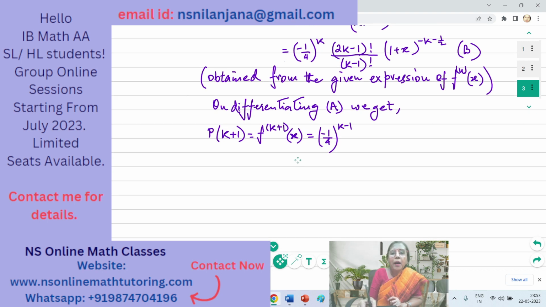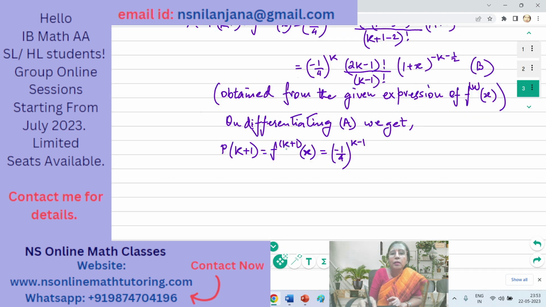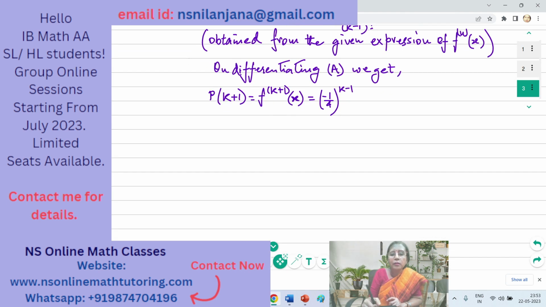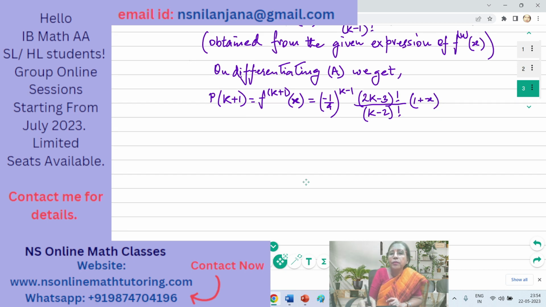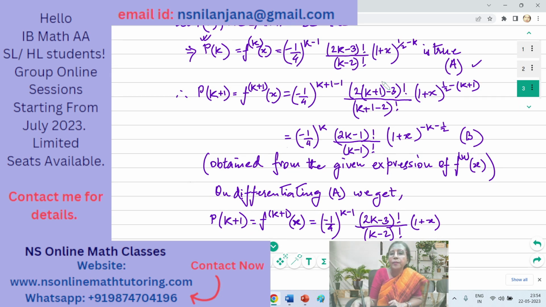And the factorials were 2k minus 3 factorial over k minus 2 factorial. So k minus 3 factorial over k minus 2 factorial. And then 1 plus x raised to the power of half minus k.